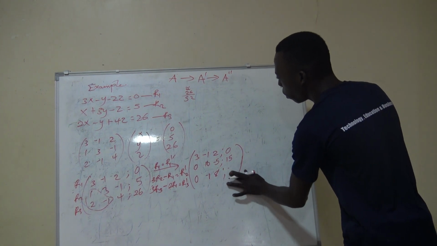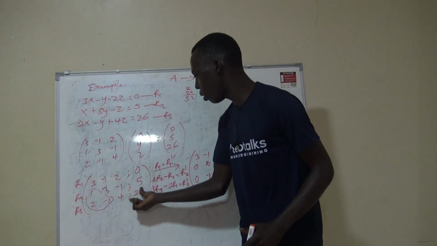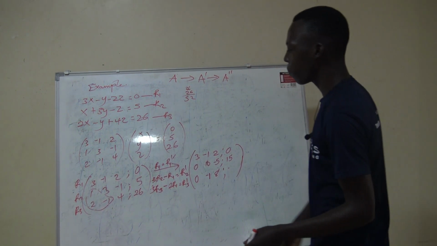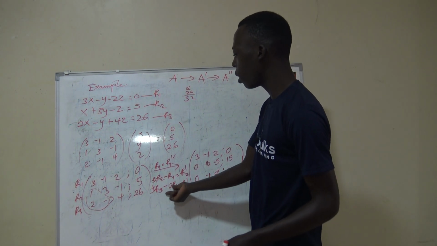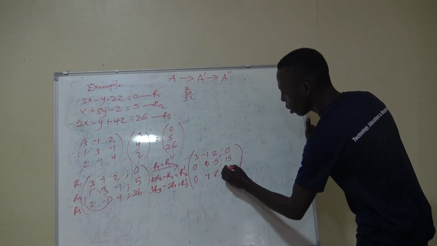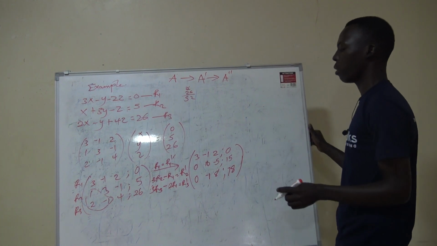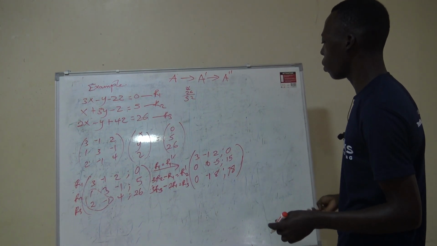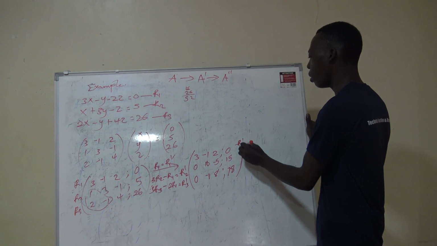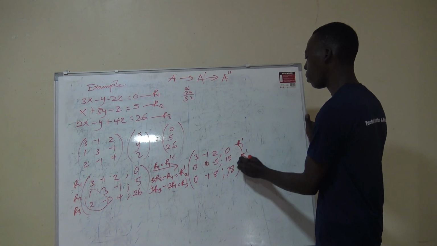No, it is not yet 78, because it is this one times 3, which is 78. Then from there, we are here, this one is this, which is 0. So it becomes again 78. So after getting this one we are saying it is R1 prime, R2 prime, R3 prime.